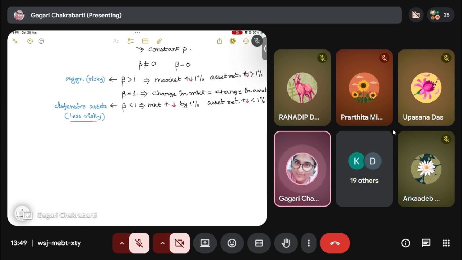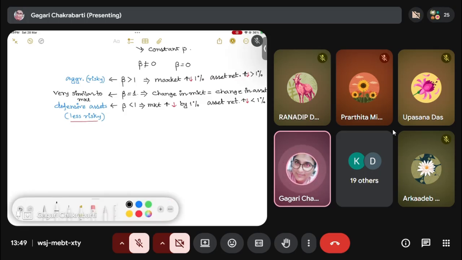So these assets are very, very similar to the market. So these assets behave like market. Very similar to market.